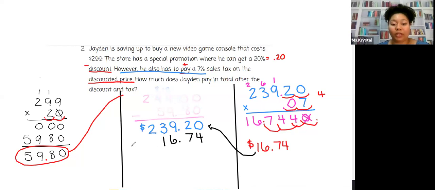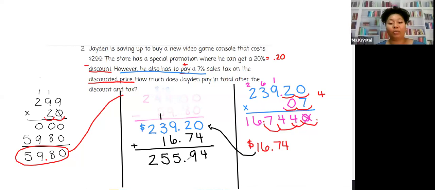All right, we're just going to do a quick little add. 4, 7, 8, 9, 15, regroup my 1, 3, 4, 5, plus 2. So we should have 255.94 once you have the sales tax added on.